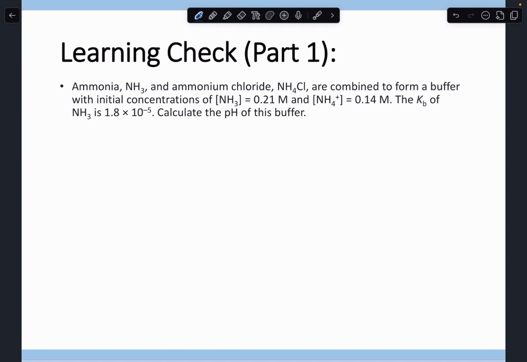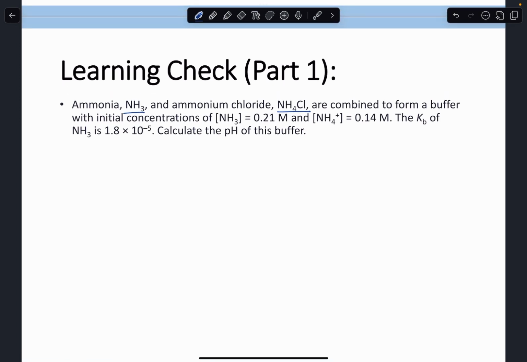Then we're calculating the pH of the buffer. So let's understand how these two are related. We can hopefully see these are conjugates of each other. A weak base, NH3, if that is reacted with water, forms NH4 plus and OH minus.